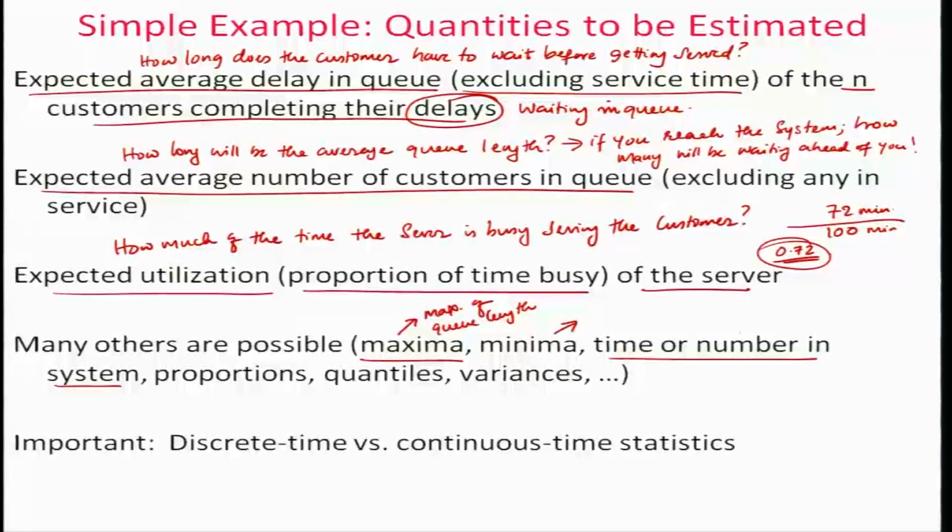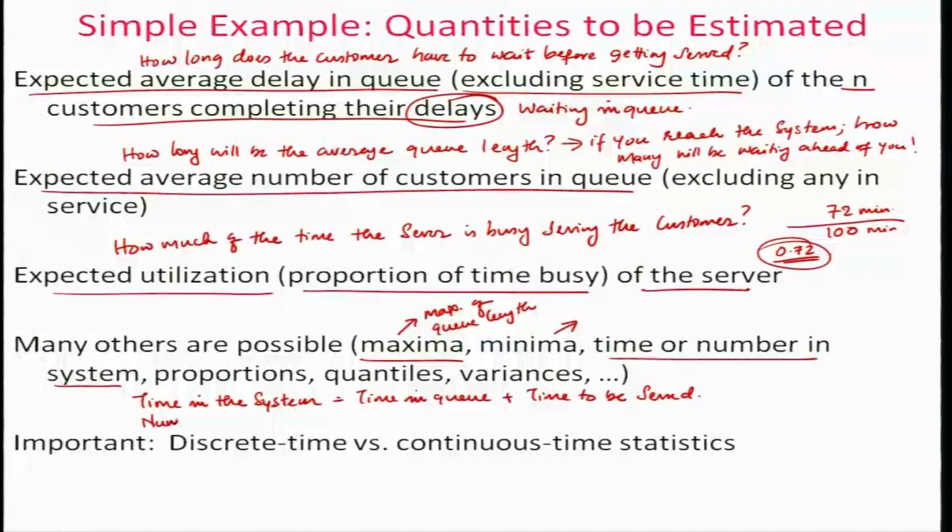What is the time in the system? Time in the system is equal to time in queue plus time to be served. That is the time in the system.